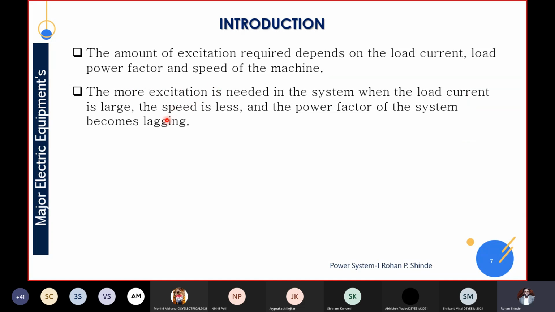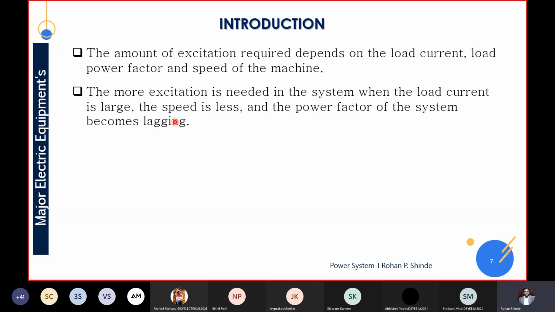Now, the speed becomes less and the power factor of the system becomes lagging. We know that whenever there is a lagging power factor, there is inductive load. When there is inductive load, it requires a large load current. If the load current is large, speed becomes less. If speed becomes less, then excitation is more. So these are all related things.